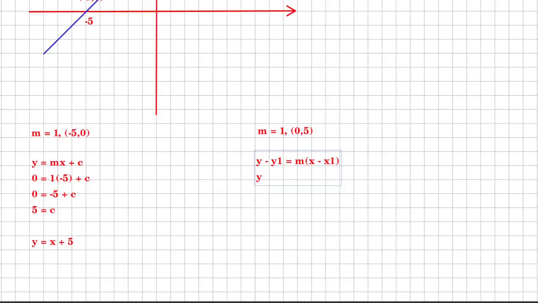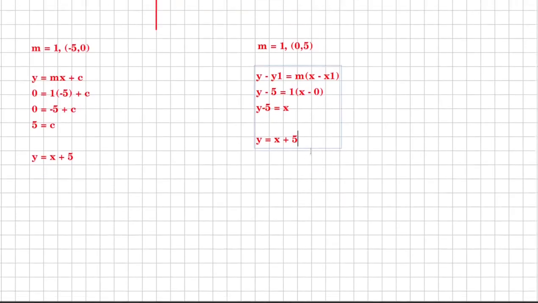You have y being the y1 value, which is 5, and this equals m, which is the gradient, that's 1, into the value of x minus the coordinate of x here, which is 0, so we put 0 there. x minus 0 is actually x, so you have y minus 5 equals x times 1, that's x. If you add 5 on both sides, you get that y is equal to x plus 5.